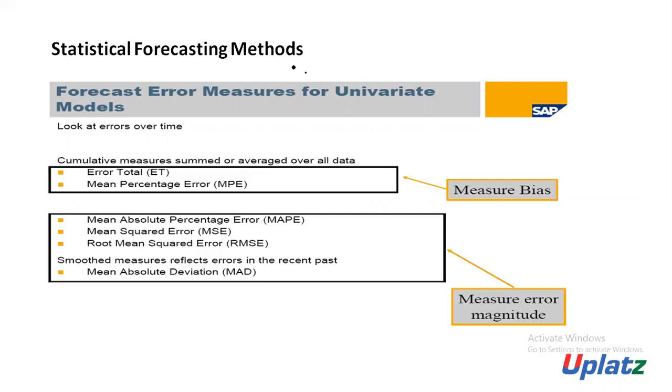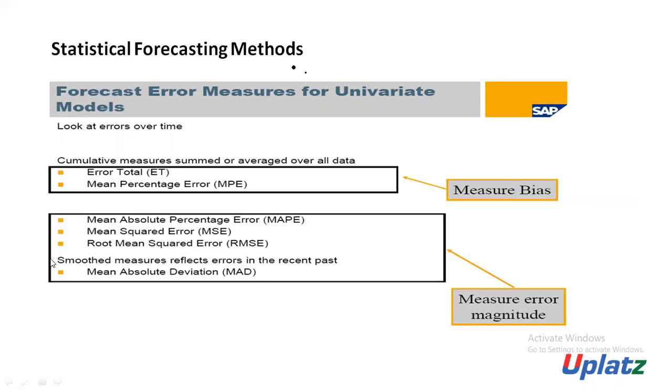Actually the history is seasonal, but the user mistakenly selected the trend model, which is not suited to the historical values. With the help of these forecast errors, the user gets to know he selected the wrong method. Then he made the changes. He selected the other method. This is the use of these forecast errors.